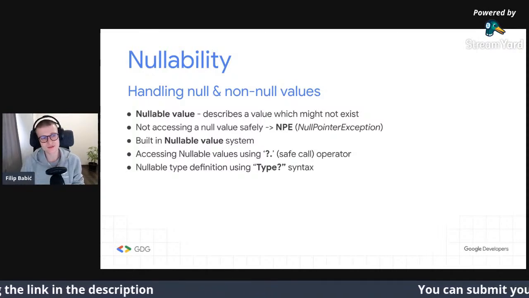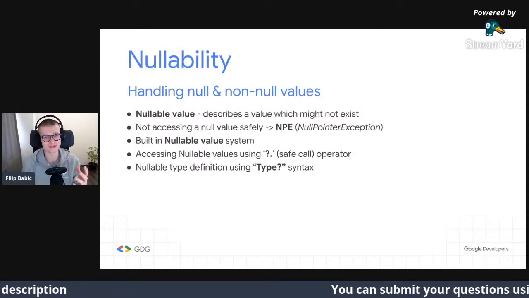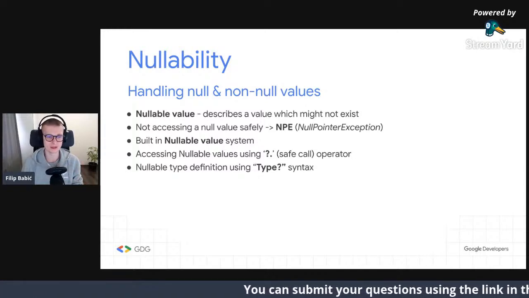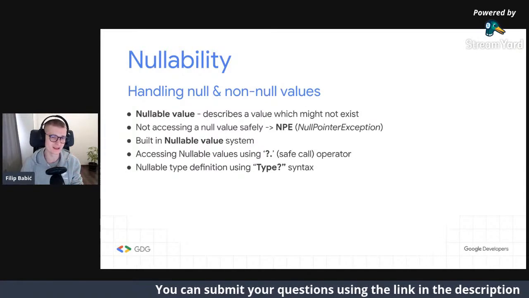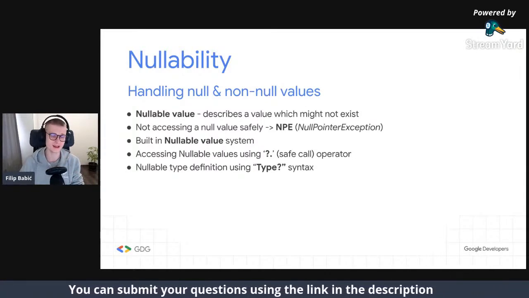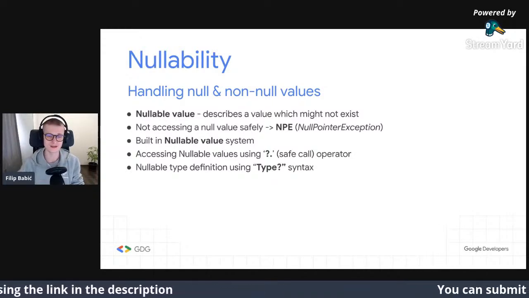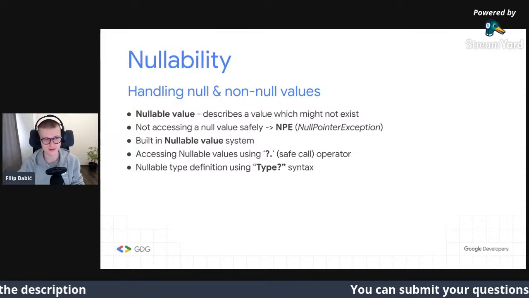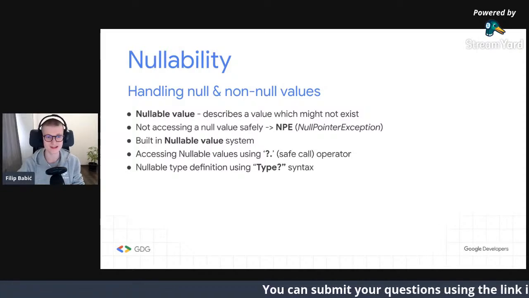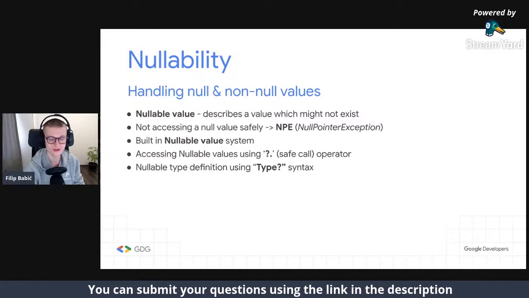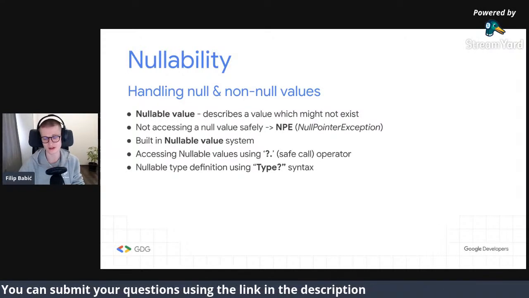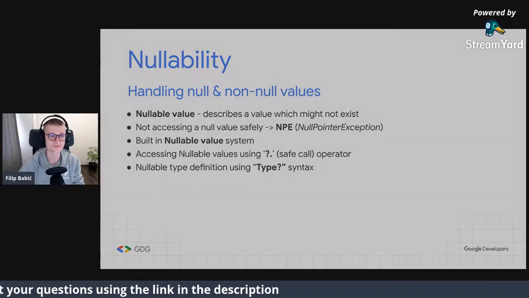But because we have this complex nullability system built in, we have a ton of compile time checks so that you can't access null values unsafely. You actually are forced to add specific checks like safe call operators or Elvis operators that return a non-null value. So basically, you never should get a null pointer exception in Kotlin if you do things correctly.